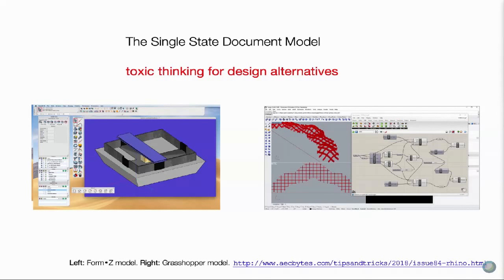On the left is a shot from the full Form Z modeler, which is still being used, and which limits you to a single display of a single model at a time. On the right is something almost as bad. It's a shot from Grasshopper that gives you a single display of a model plus one instance of the model from the infinite number of instances that can be created by changing parameter settings.